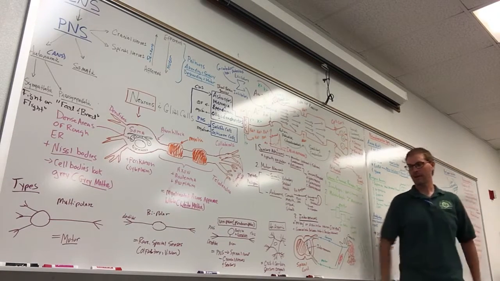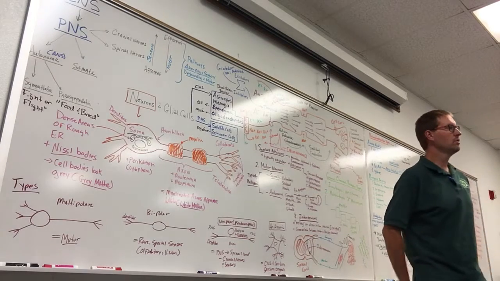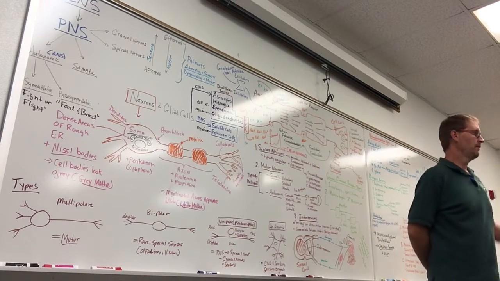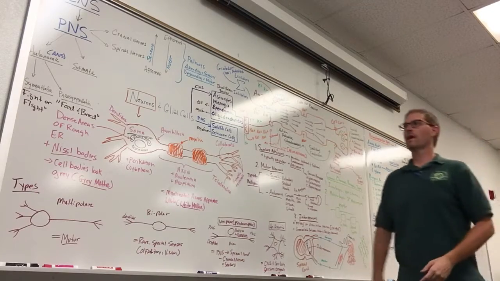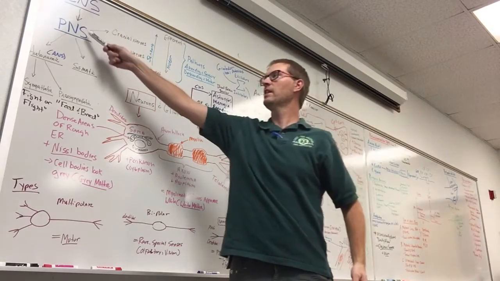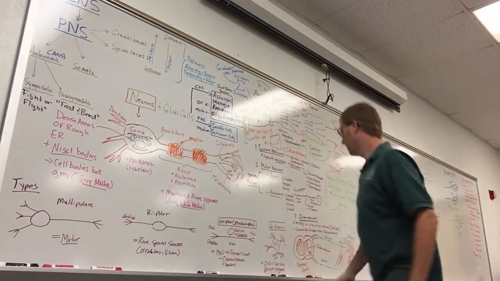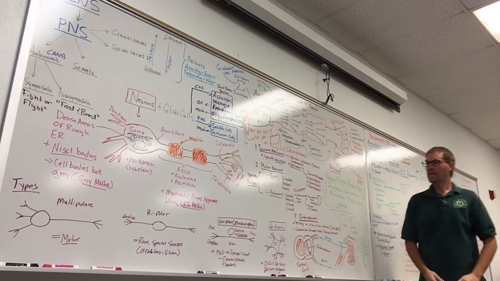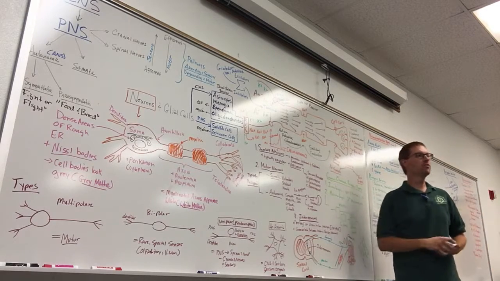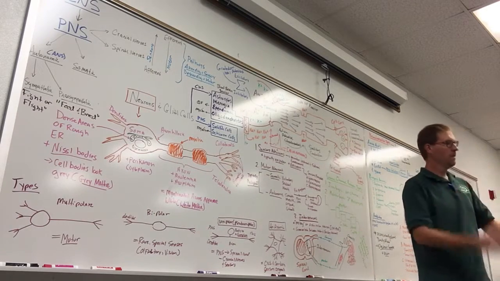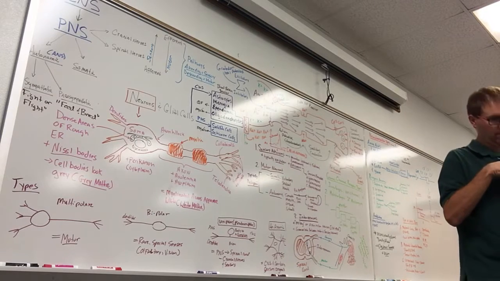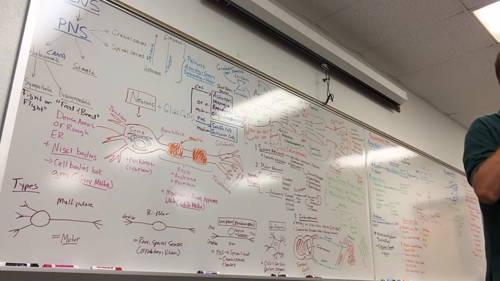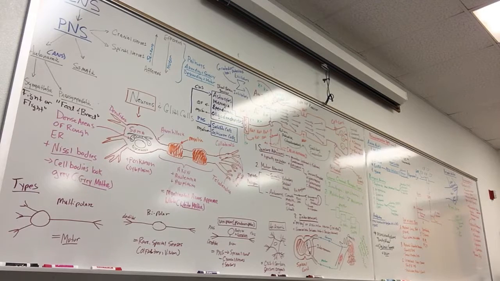So your autonomic branch tends to be a two-neuron system. The initial neuron as it leaves the CNS, and then it ends, and it synapses with another one, okay? And those synapses tend to occur in groups. You actually have groups of these synapses, and these are known as ganglia, or ganglion if you're talking about just one.